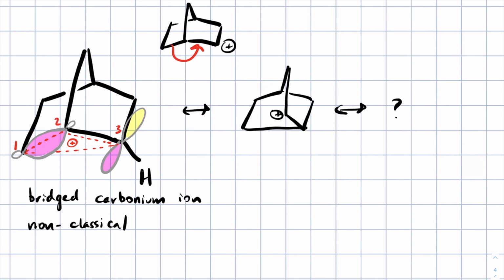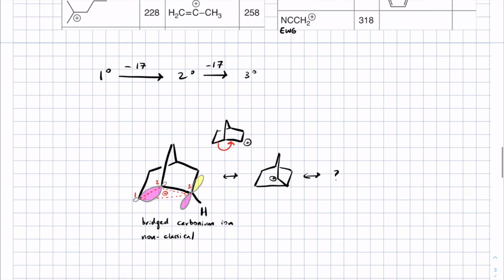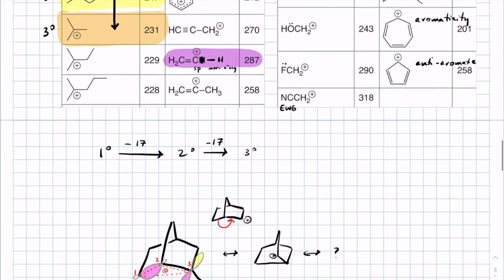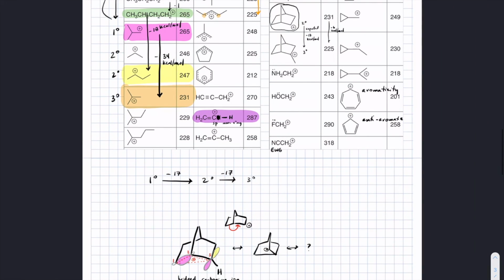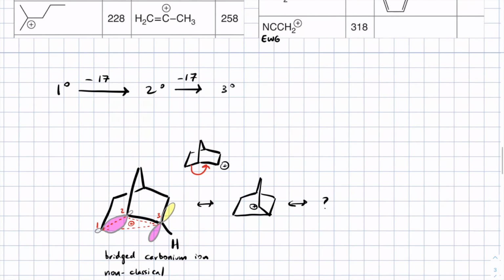And you should be able to draw the other resonance structure there. So using hydride affinity values, we're able to tell that the norbornenyl carbocation is more stable than expected for a secondary carbocation, and that provides evidence for this non-classical carbocation argument that we've been talking about.